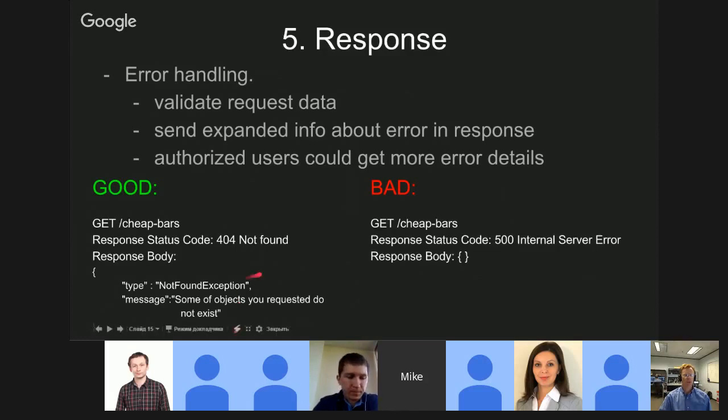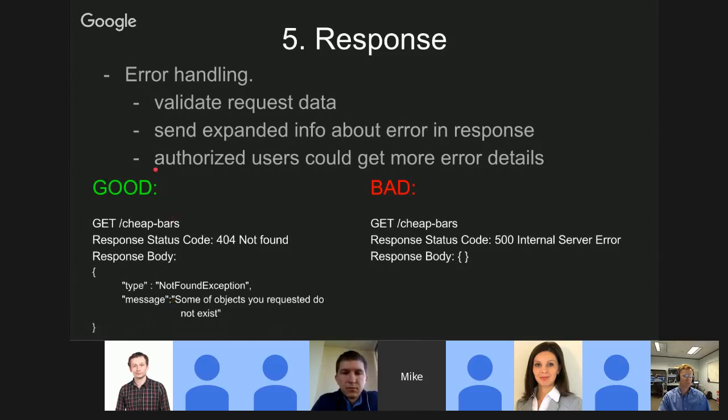Something like that. Here is an example with a different kind of error, but anyway, usually it looks like this. We send an error status code, for example, not found, and in the response body we send details of this error. Type, which should be some internal code, and a short message about what's going on, something that can help the API client to solve this problem.